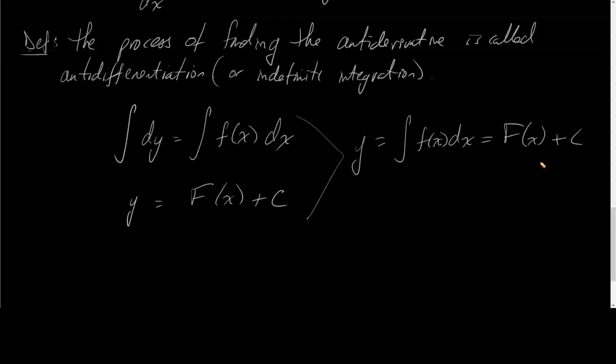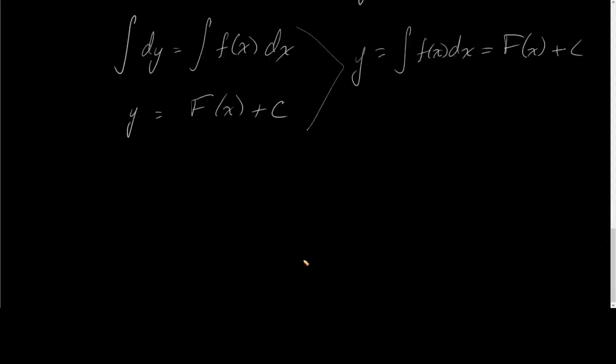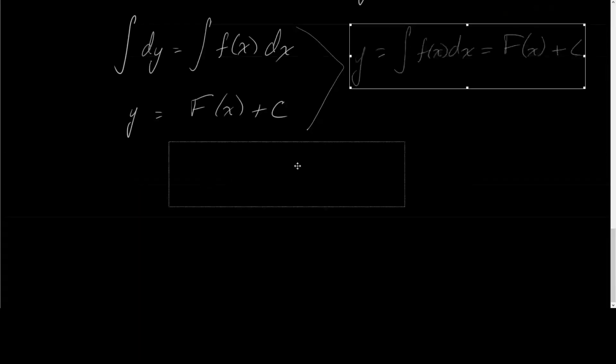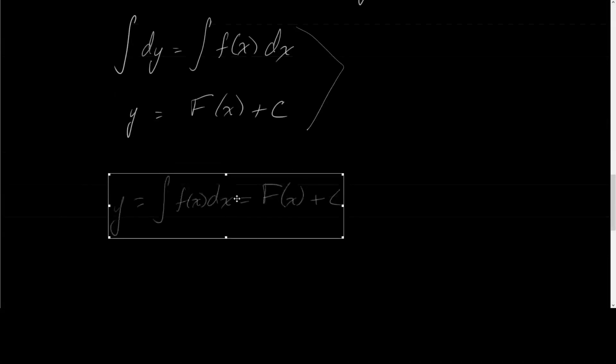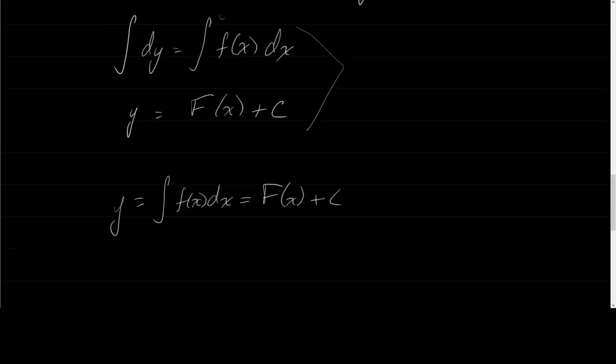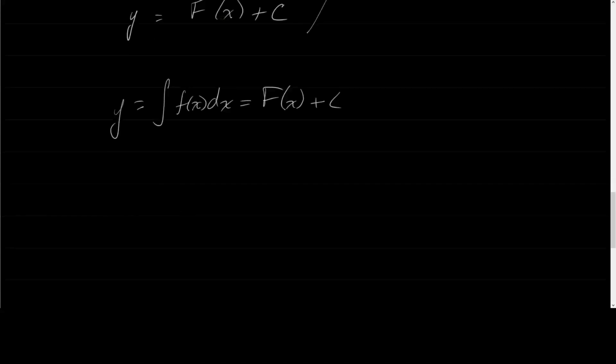And again, let's talk about what each piece here is. Perhaps I'll redraw it over here, or maybe I'll just shift it. There we go. Each piece here has a name. This is the integral sign. It's important to know these names so that you know what I'm talking about whenever I reference them. This f of x here, that's our integrand.